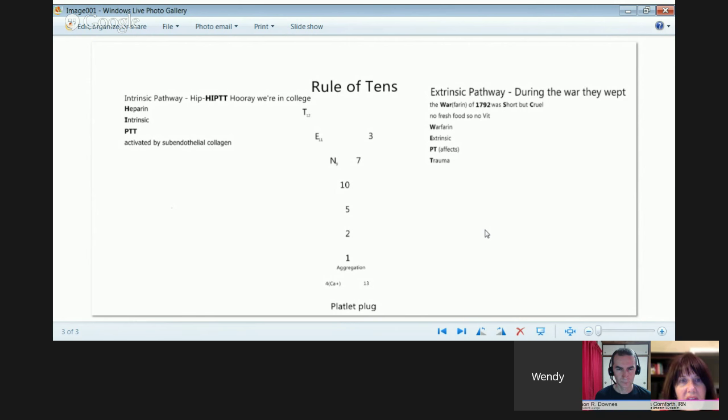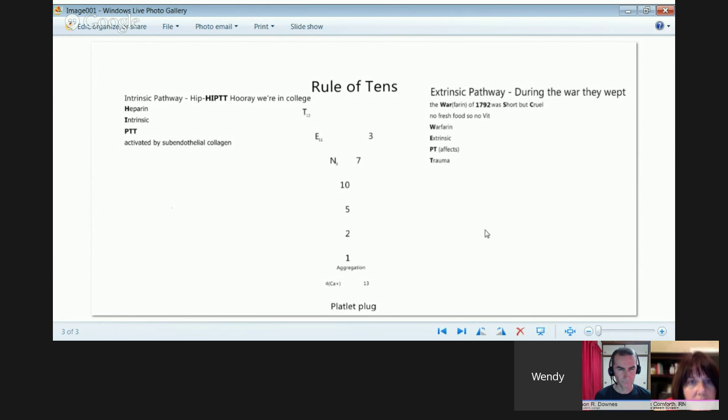Factor 3 is actually the activated factor 7. So they just got rid of 3, but you can still remember it this way, and then just know that 3 is activated 7.